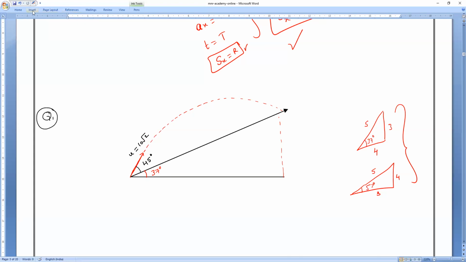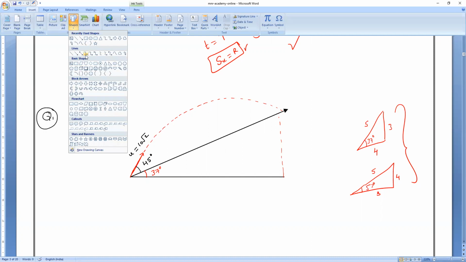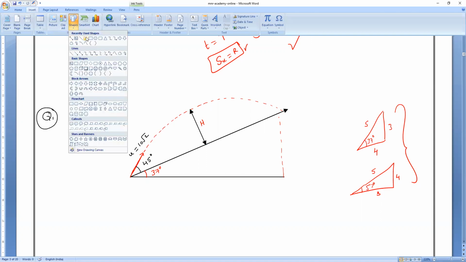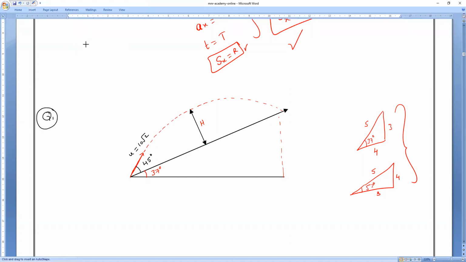Understood, everybody? What is the initial velocity? 10 root 2. And the maximum height attained, you have to calculate that also. So this is the maximum height attained. Now you have to find the time of flight, the maximum height, and the range. 3 things. Start solving. So perpendicular to y, what will come?